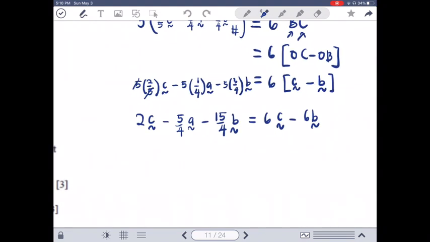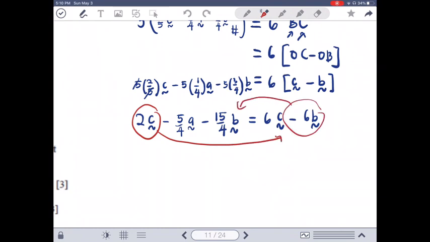So the next one, I'll bring C to the right hand side and B to the left hand side, rearrange. So you should get 6B minus 15 over 4 B minus 5 over 4 A equals 6C minus 2C.